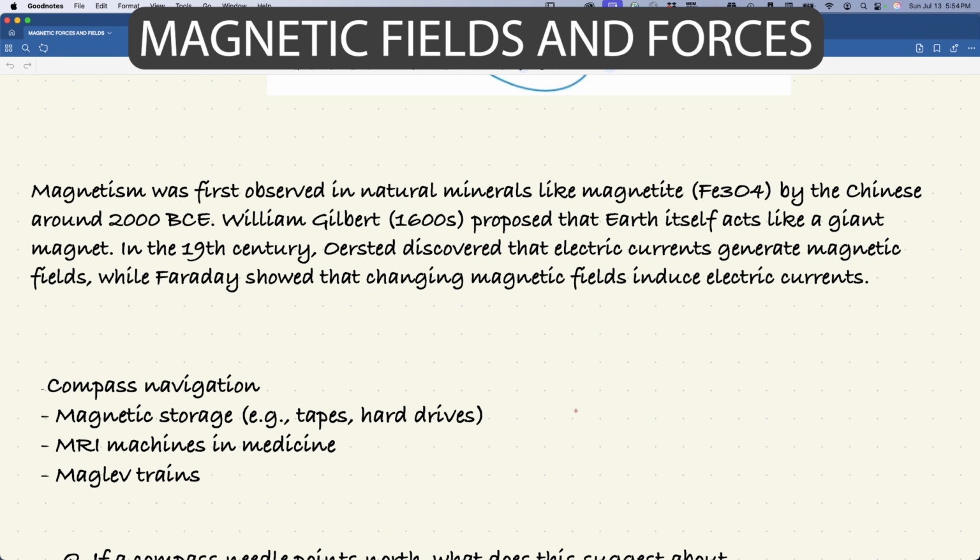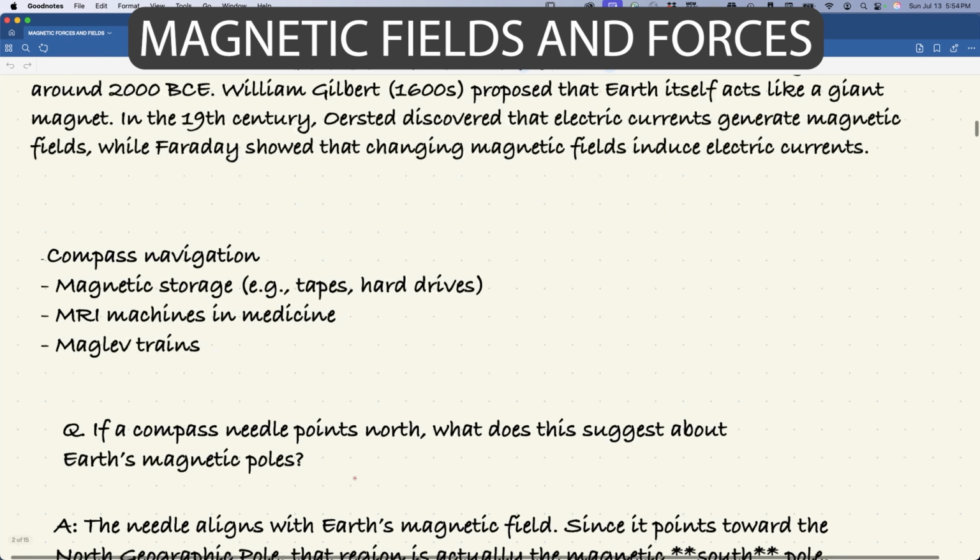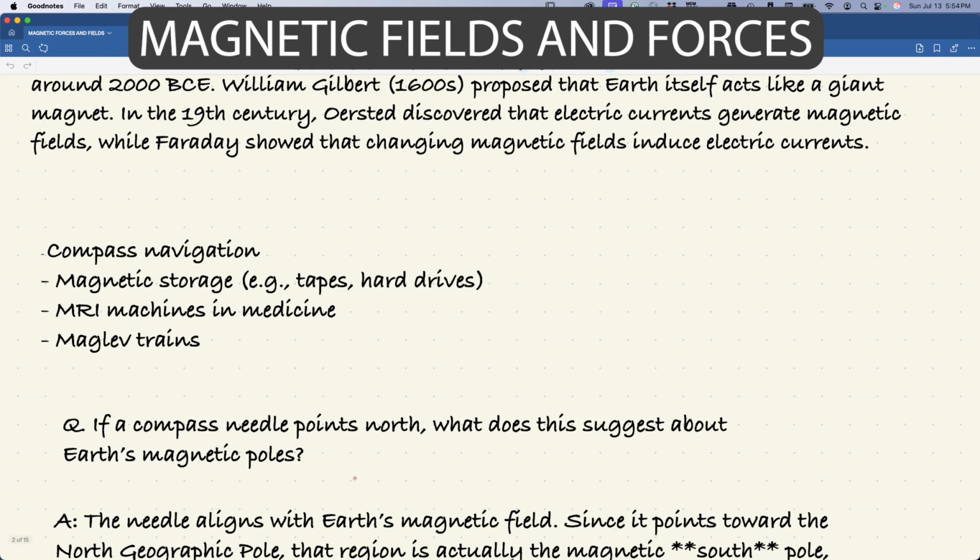It's not a magnetic storage. Okay? And then MRI machines, which stands for magnetic resonance imaging. Magnetic levitation trains, where the trains don't touch the rails and they are obviously very fast moving. So we have a lot of practical applications for magnetism.